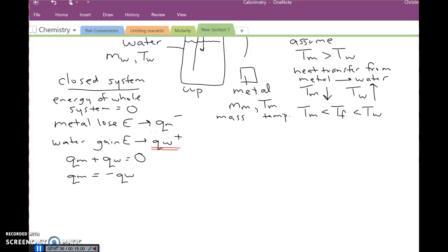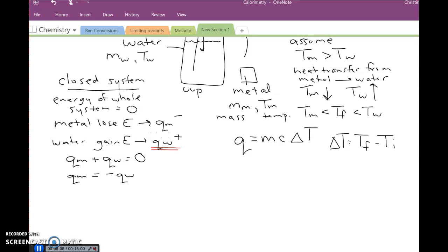So, as we learned before, the equation we're working with here is Q equals MC change in T. And the change in temperature equals the TF minus the TI, final minus initial.